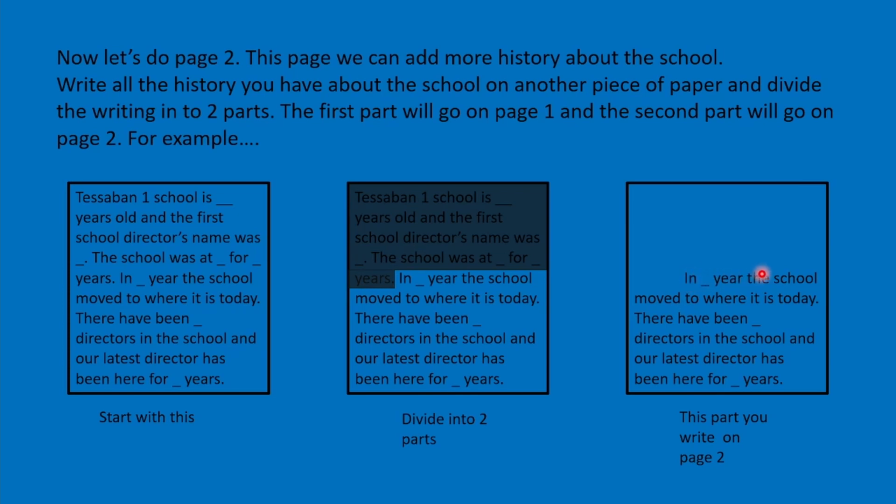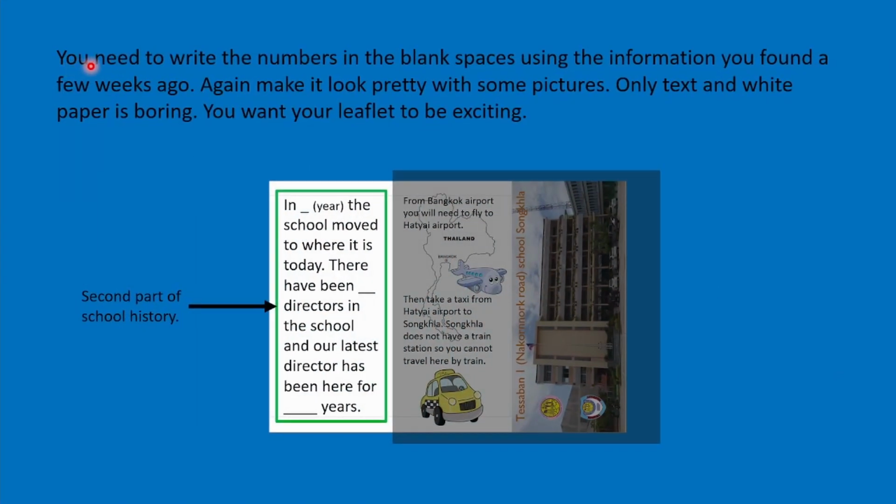So the part 2, this part you write on page 2. So part 1, page 1. Part 2, page 2. You need to write the numbers in the blank spaces using the information you found a few weeks ago.